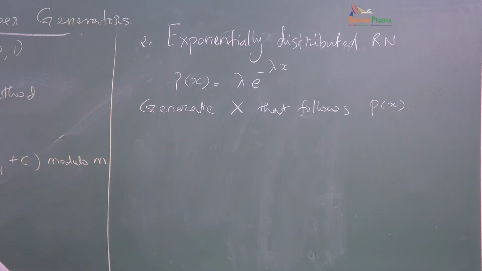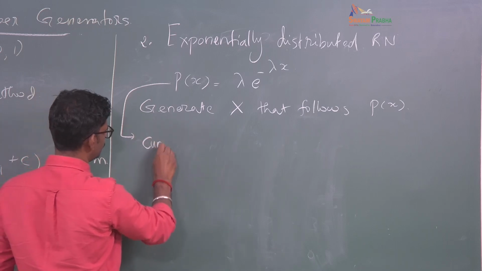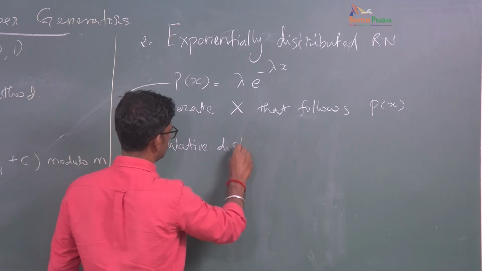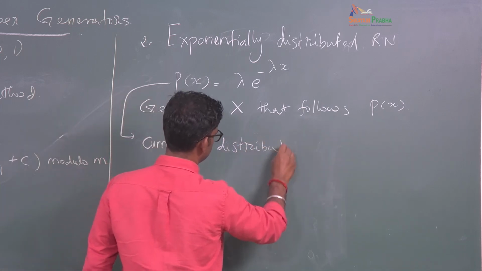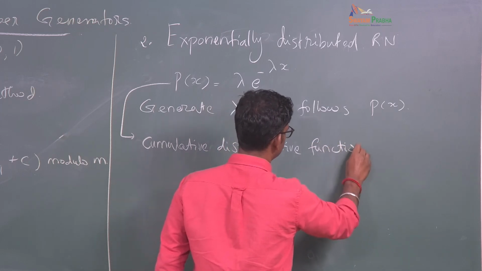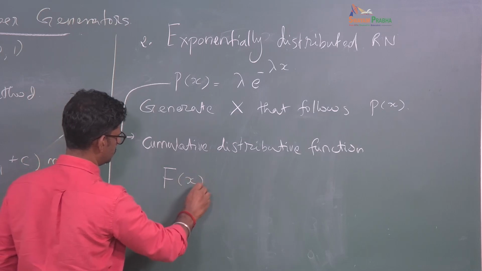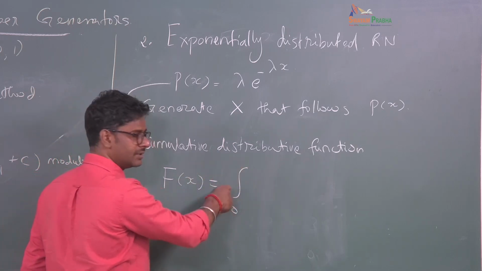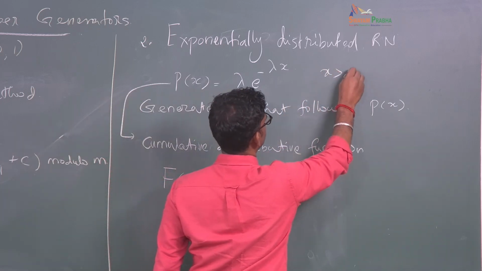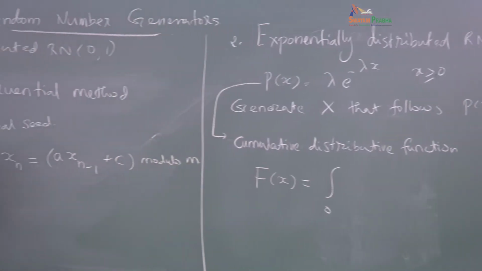To do that, what we first will do is write the cumulative distribution function for this, and we call this F of x. This is the integral from 0 to x, where x is a positive valued variable here.